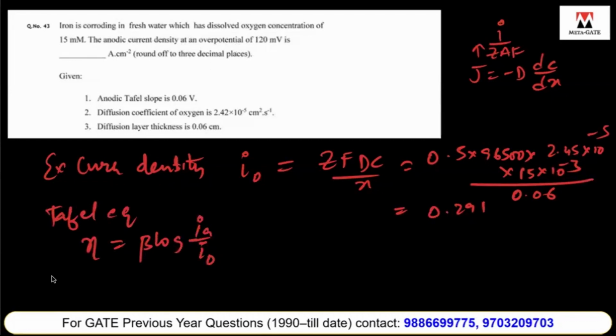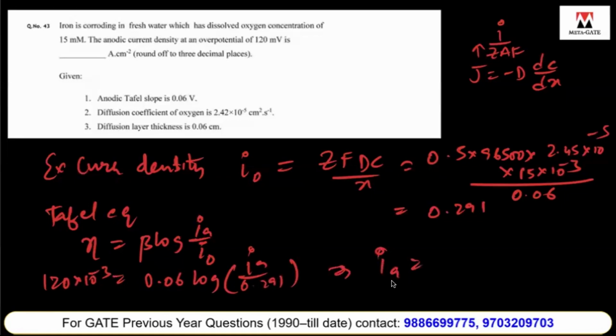So this is 120 into 10 power minus 3 equals 0.06 log Ia by 0.291. It implies Ia is equal to 0.201 ampere per centimeter square.